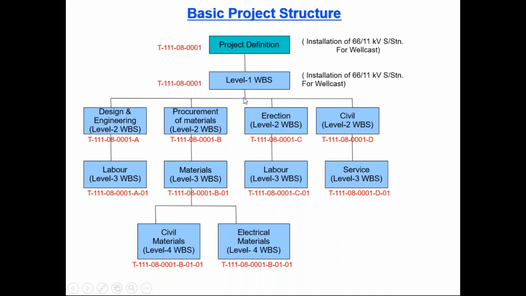Then the next level is design engineering, procurement of material, erection and civil. In design and engineering, we again bifurcated the next level as labor; procurement of material we again bifurcated as material, and then as civil material and electrical material.